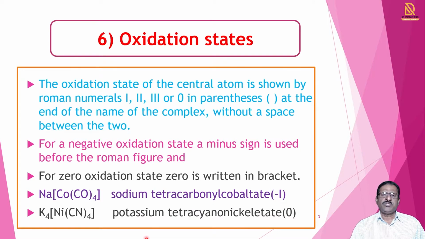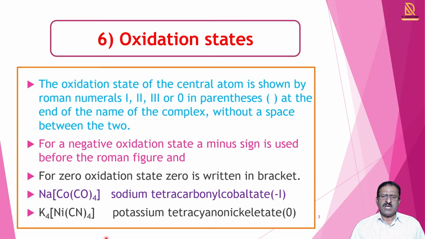Then we see how we can give the oxidation number. Already in different examples we have used oxidation numbers such as +3, +4, +2. But in some cases the oxidation number may be 0, and in some examples the oxidation number of the metal is minus.